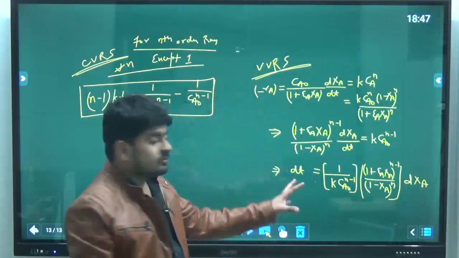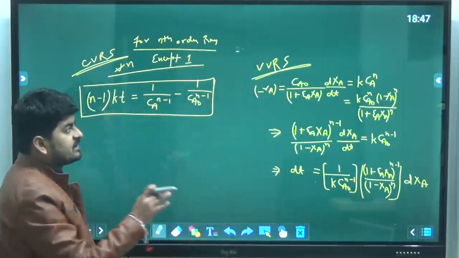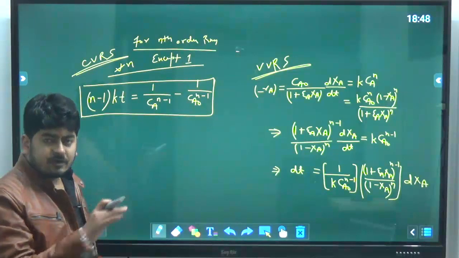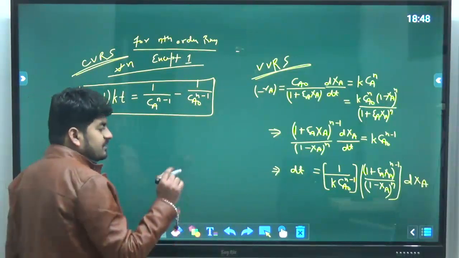Okay, so by using this generic expression, you can calculate the kinetic equation for any variable volume reaction system.